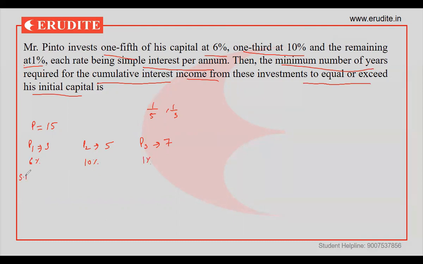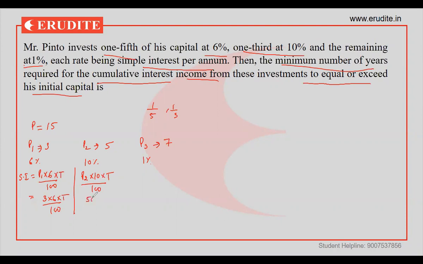Then simple interest will be how much? P1 into rate is 6, let's say time period is T by 100. Once I solve it, it is coming 3 into 6 into T by 100, which is 18 T by 100. Here the simple interest will be how much? P2 into rate is 10%, time period is T upon 100.